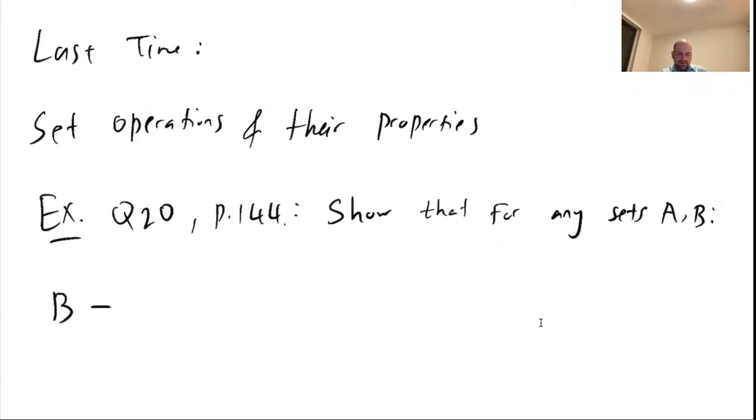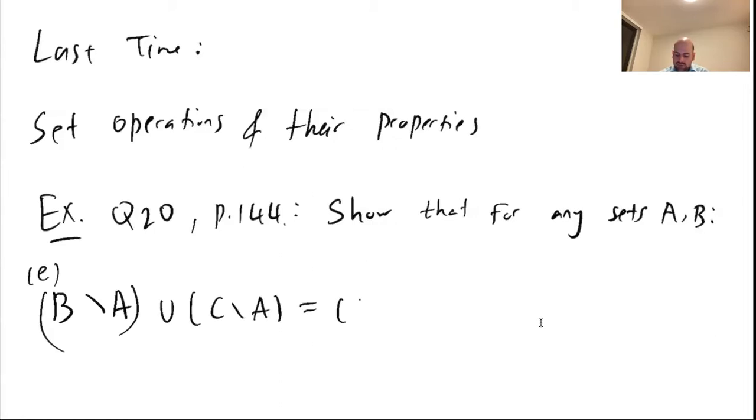Your book uses this notation, but we use this notation. Let me use the notation that we used before, B minus A union C minus A equals B union C minus A. So this is actually part E. So we want to prove this identity.